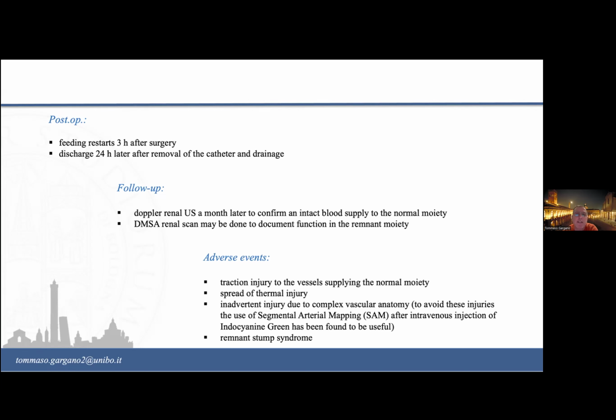Regarding the adverse events, we saw the wonderful presentation of Professoressa Ricci Petitoni. Related to the procedure, there are traction injuries to the vessels supplying the normal moiety, injury due to spread of thermal energy, and accidental injury due to the complex vascular anatomy.